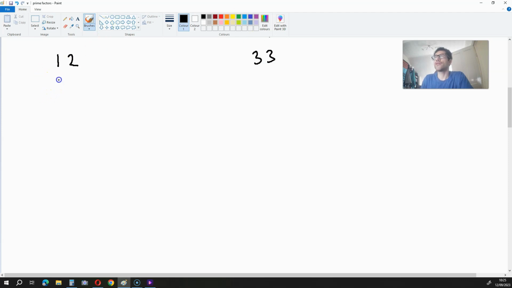Now 12 is 2 times 6. Okay, but 6 is the same as 2 times 3. 2 times 2 times 3 is equal to 12. And the prime factors of 12 are 2, 2, and 3.